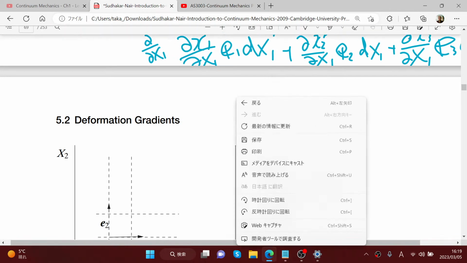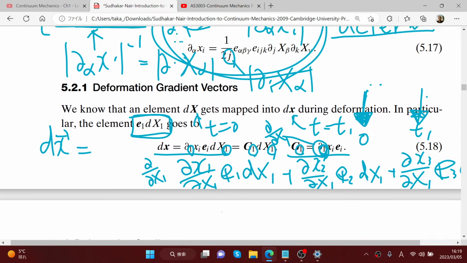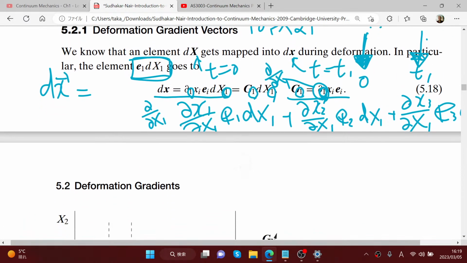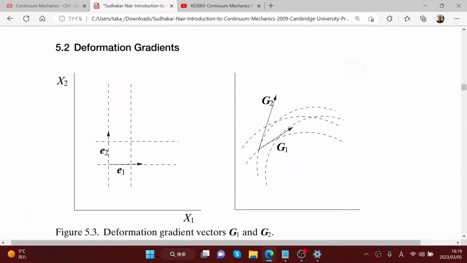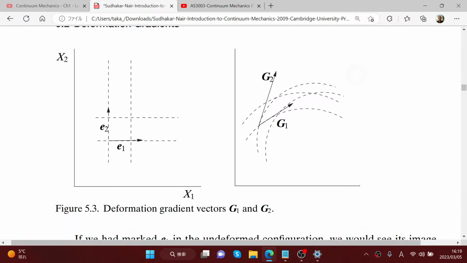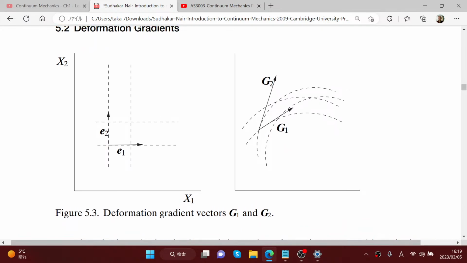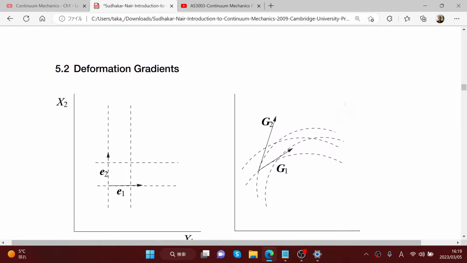So what is this? Sorry, G1 dX1. Deformation gradient vectors G1 and G2.